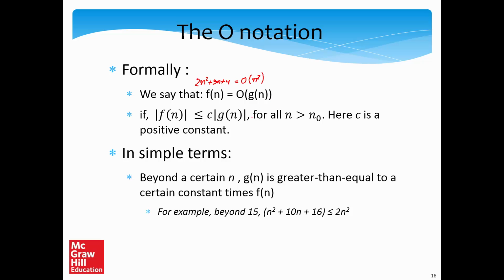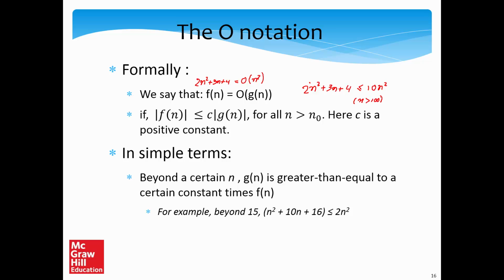What this basically means is that, considering positive n, the absolute value will go away. Anyway, the absolute value is more of a mathematical artifact. We can say that this is less than or equal to 10n square for n greater than 100.